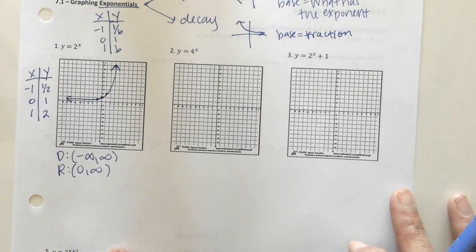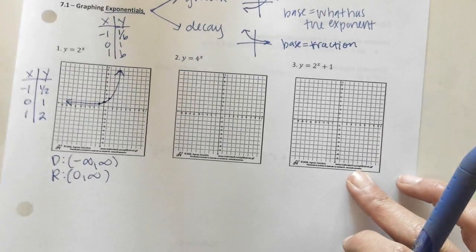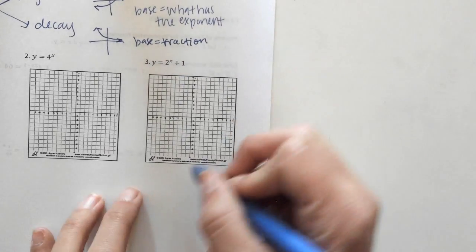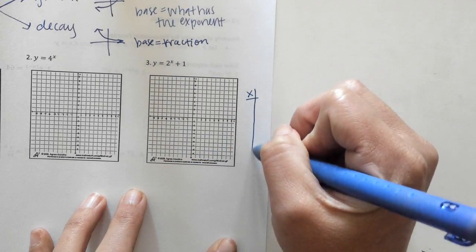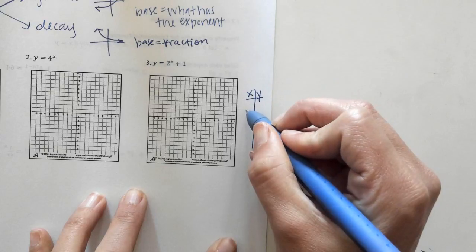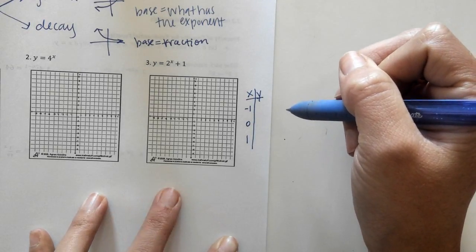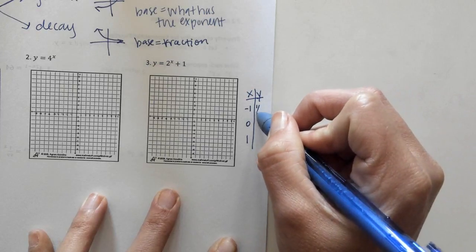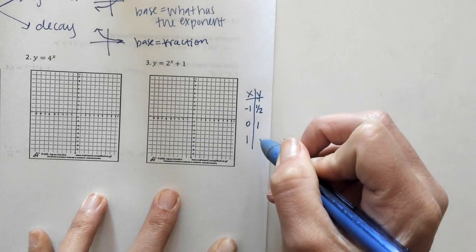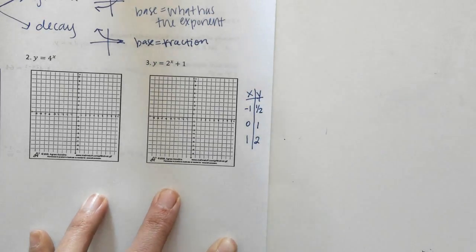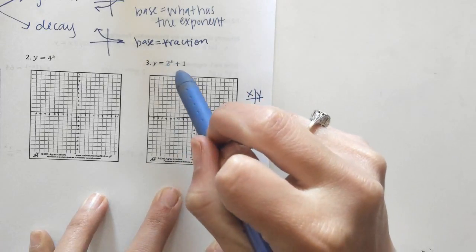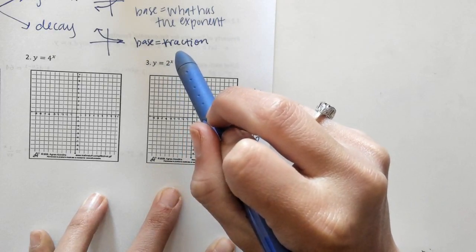Alright, next one. Let's skip to number 3. X and Y table first. What's my X values? Alright, my first one is 1 over my base, so it'd be 1/2. The next one would be my base. Now, what is this 1 doing right here, you think? If it was with the X, then it'd be adding to our X values.